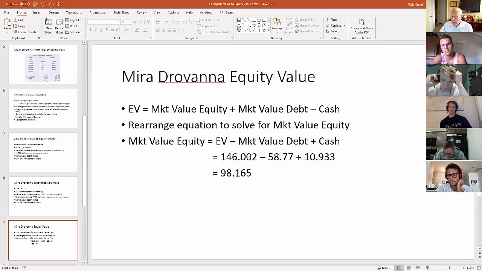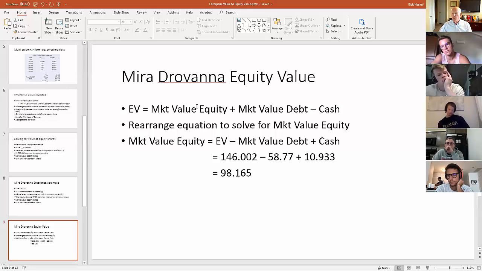That's not just common equity, though. That's common equity and preferred equity combined, right? Because of how we use the equation here. So we know the market value of the common and the market value of the preferred is the market value of all the equity, and we simply aggregated those. But we also came up with an equivalent number of shares if we had converted all the preferred to common.